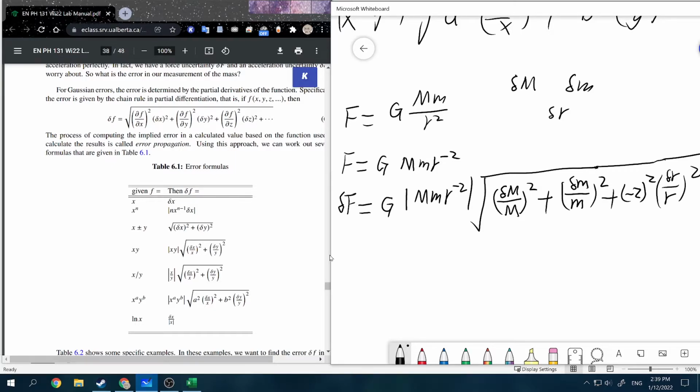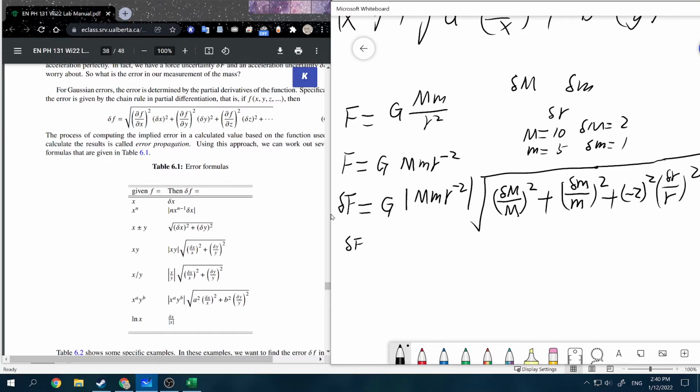Now, if for example your question tells you M equals, let's say, 10, and area of M equals 2, and small m equals 5, area of small m equals 1, some things like that, then what you do is plug in all those numbers, then plug in g, and calculate the area of f.